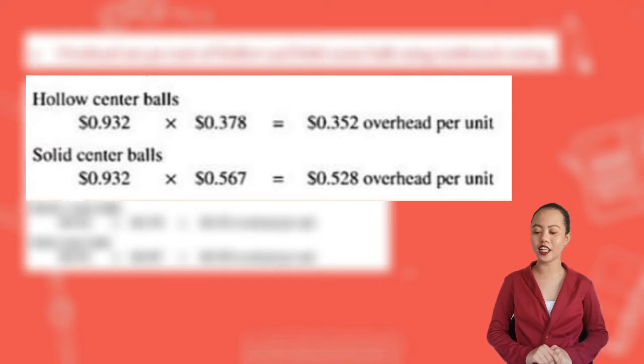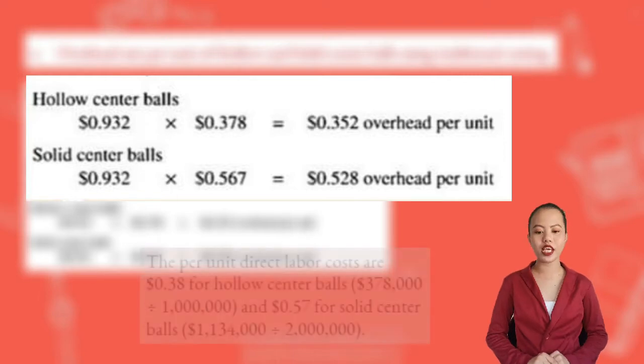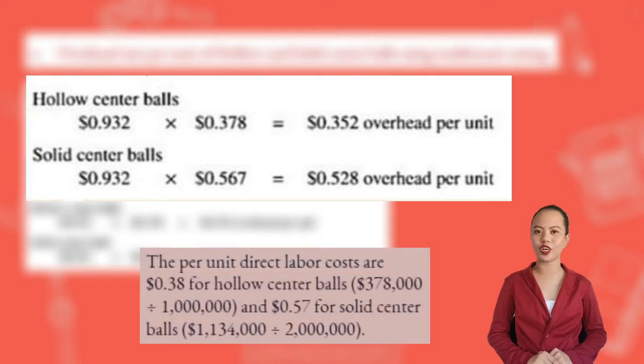And for the solid center balls, we have 0.932 again, multiplied by $0.567. Now, if you are wondering where we got the 0.378 and the $0.567, these are the per unit direct labor costs of hollow and solid center balls.